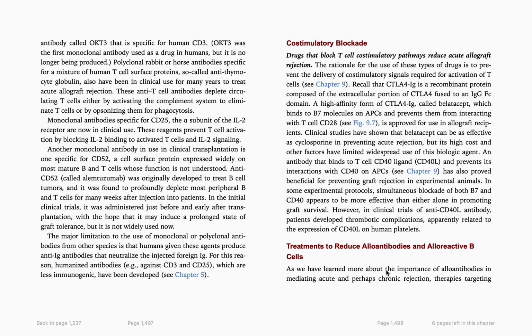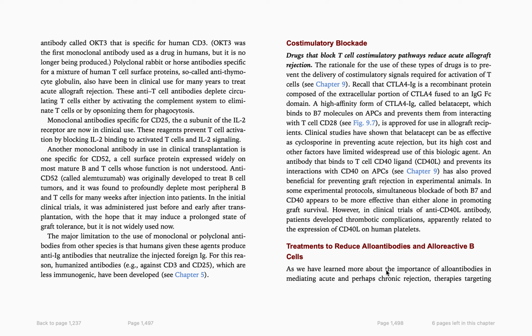The antibody to CD52, called alemtuzumab, was originally developed to treat B cell tumors, and it was found to profoundly deplete most peripheral B cells and T cells for many weeks after injection into patients. In the initial clinical trials, it was administered just before and after transplantation, with the hope that it might induce a prolonged state of graft tolerance, but it is not widely used now.